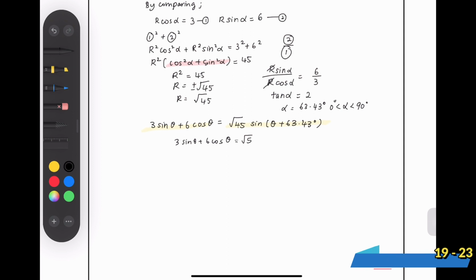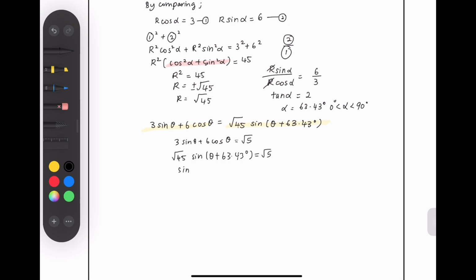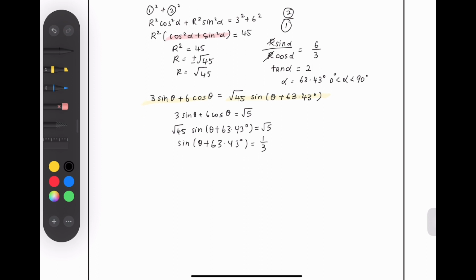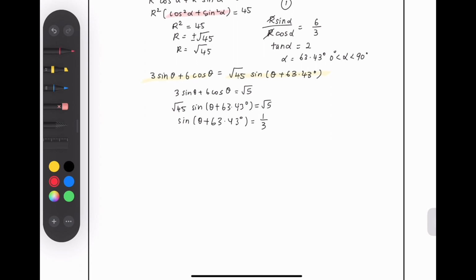Therefore, I can say that root 45 sine(theta plus 63.43) is also equal to 3.5. Simplify to get sine(theta plus 63.43) equals 1 over 3. And then we can start our BQRA. The basic angle: alpha equals arcsine 1 over 3. And the answer is 19.47.